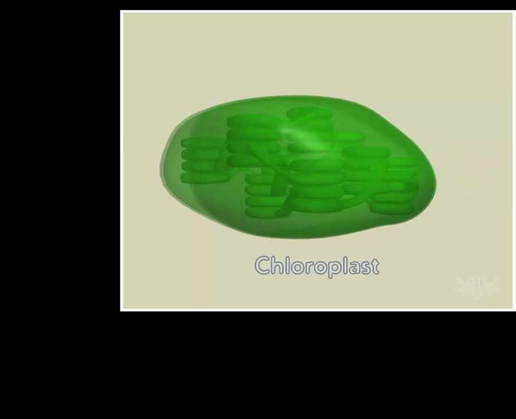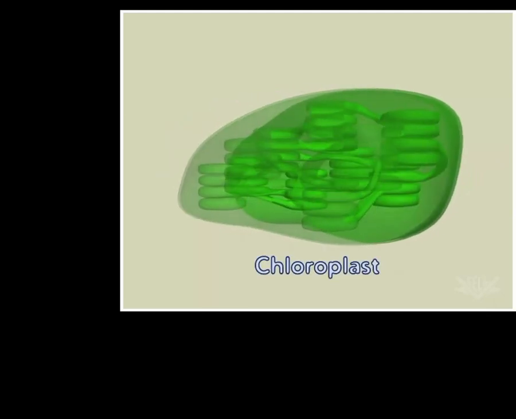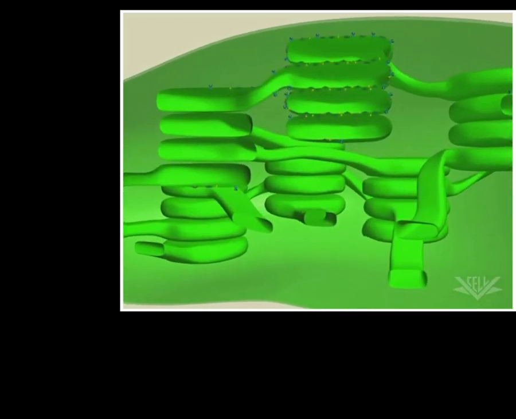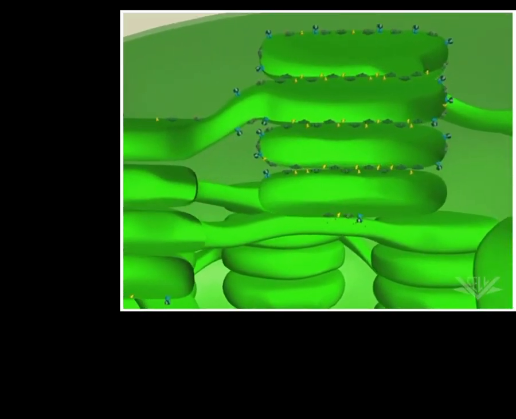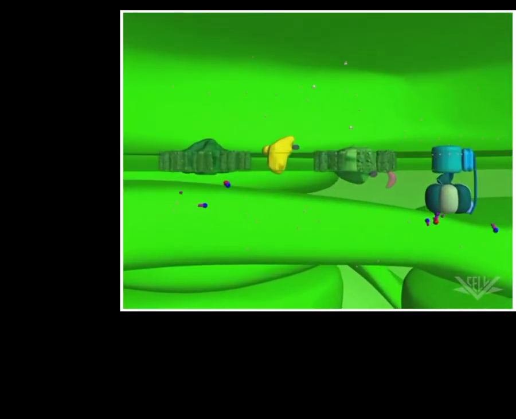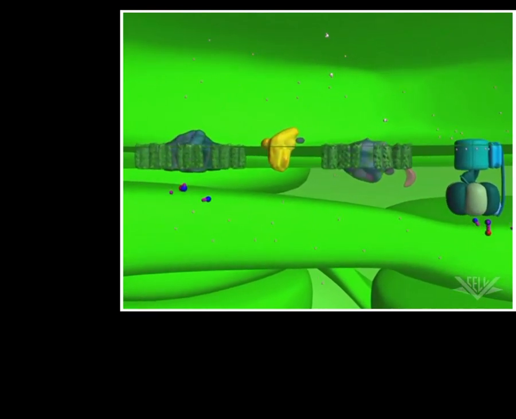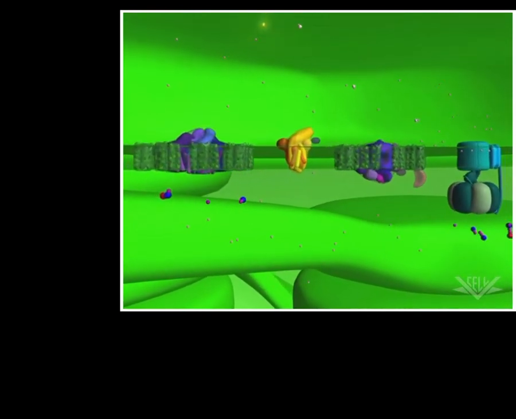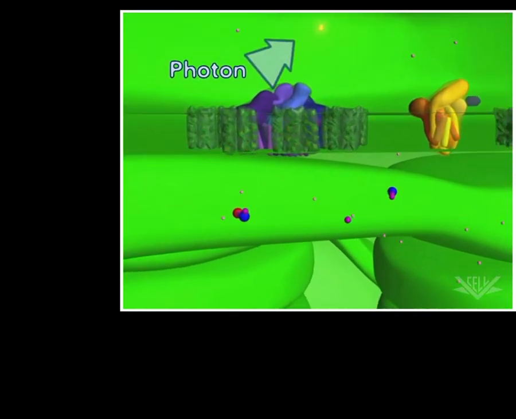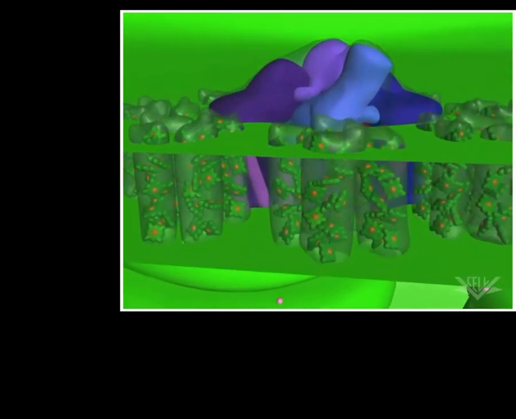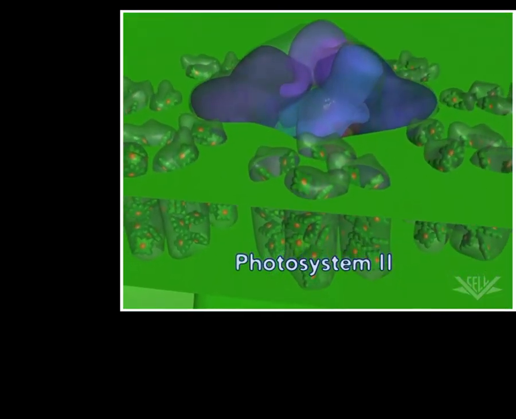Photosynthesis occurs in only one cellular organelle, the chloroplast. Chloroplasts are found in all green plants, some algae, and cyanobacteria. Like its mitochondrial counterpart, the chloroplast electron transport chain consists of several protein complexes and mobile electron carriers. First, a photon of light hits a chlorophyll molecule surrounding the photosystem II complex.